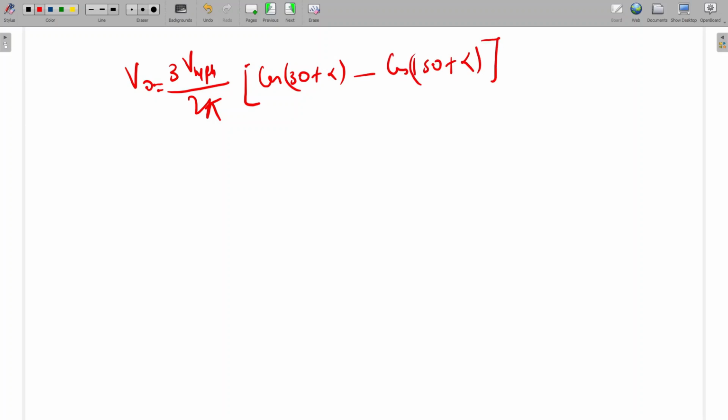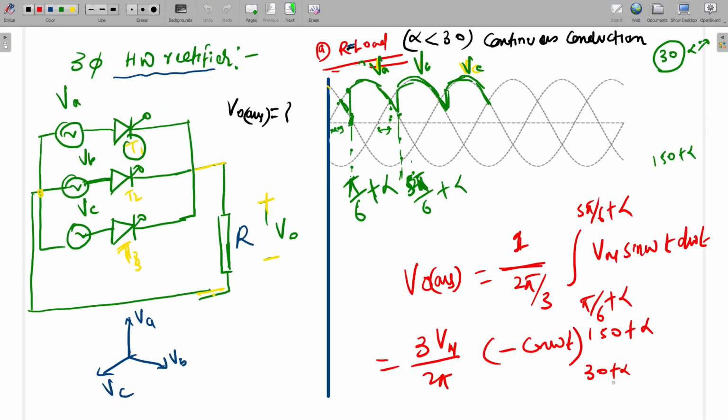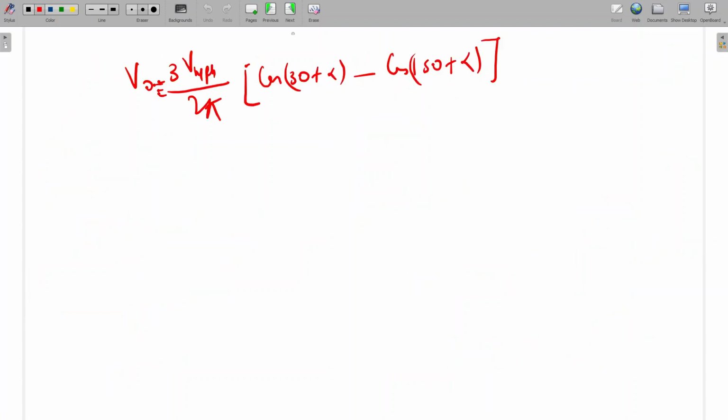So can we apply here the cos C minus cos D formula? Can you tell what will be the formula of cos C minus cos D? This is cos 30 plus alpha minus cos 150 plus alpha.